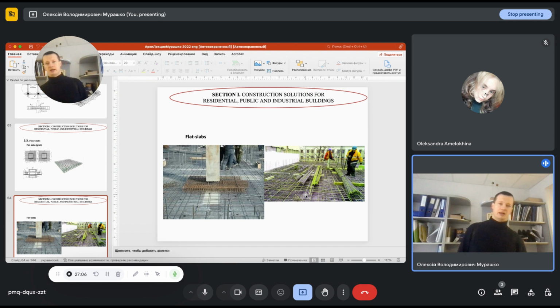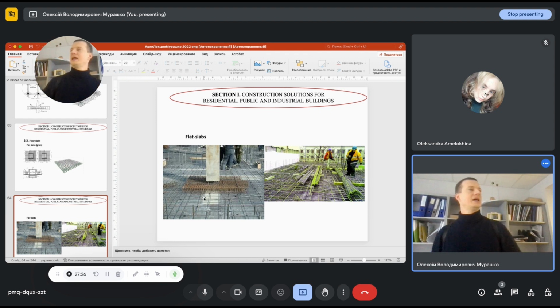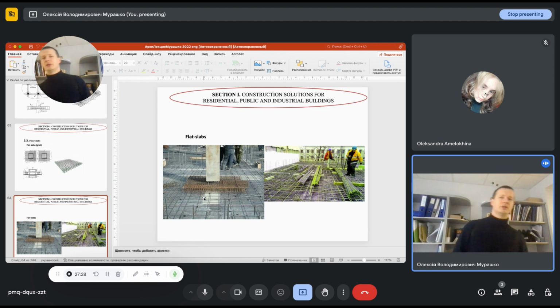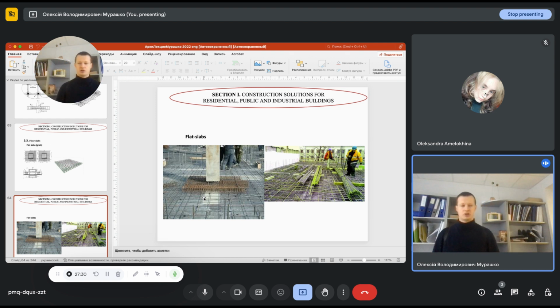So the difference between the hidden beams and the slabs reinforced with meshes lies in this corner, because in this node, in this connection element, we have a huge concentration of internal forces on the columns, and to protect the building from shear failure, we have to use transverse reinforcement.